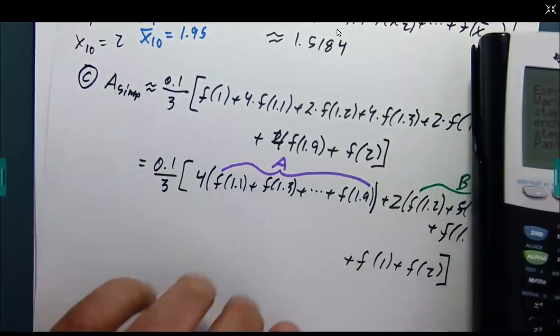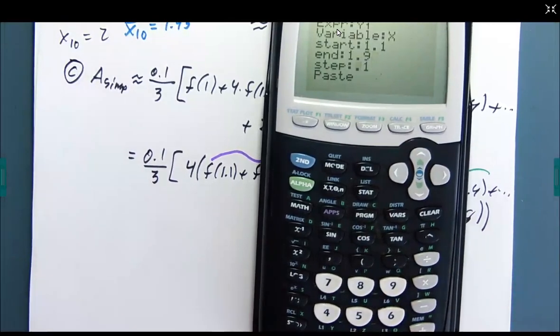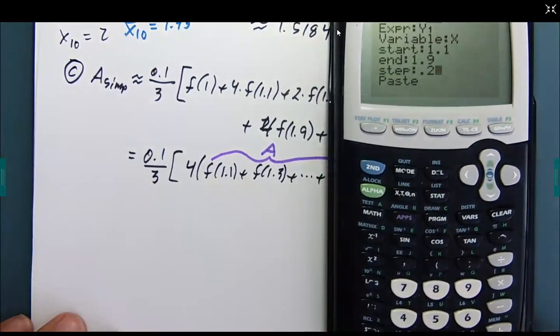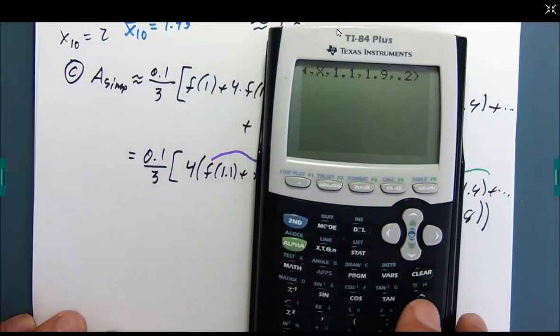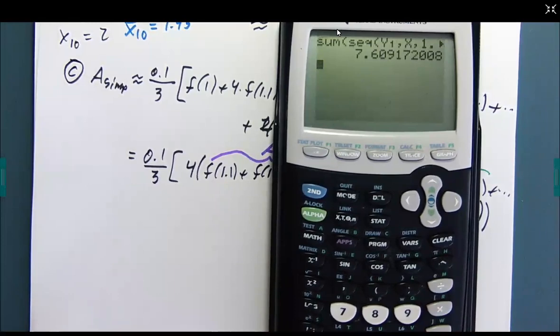Our end point is 1.9. And our step is 0.2 now, right? They're jumping 0.2. Paste that. It's going to give us this here. And hit enter.